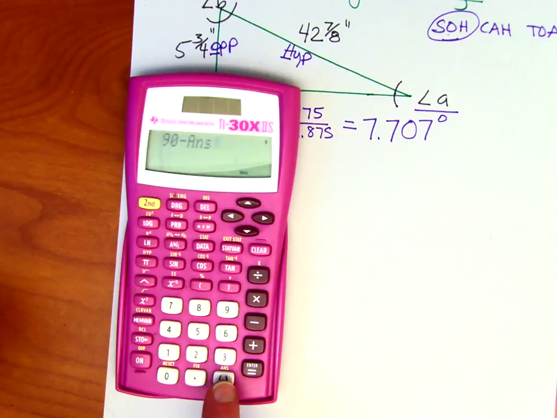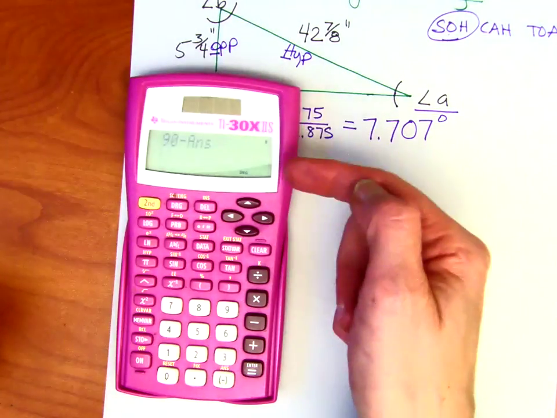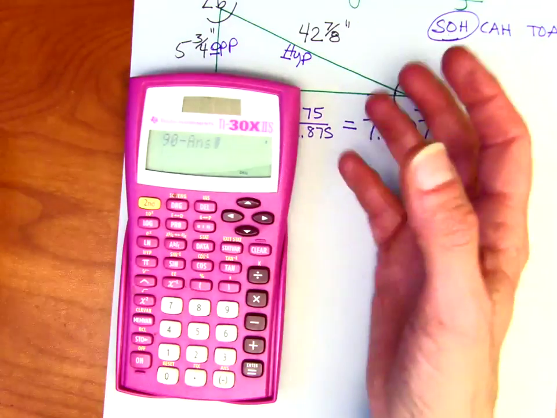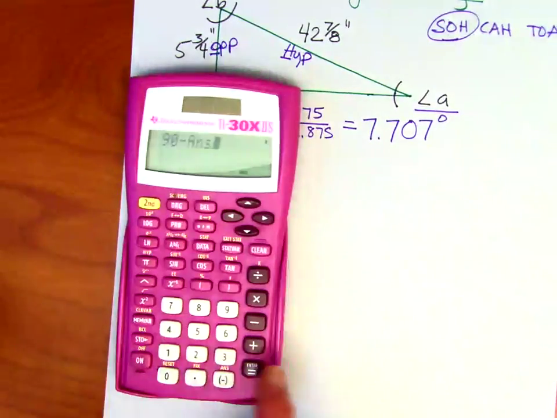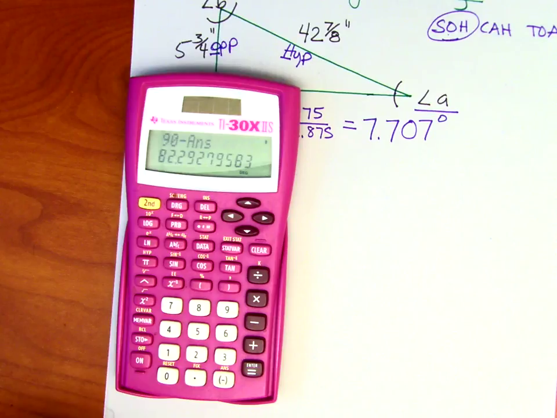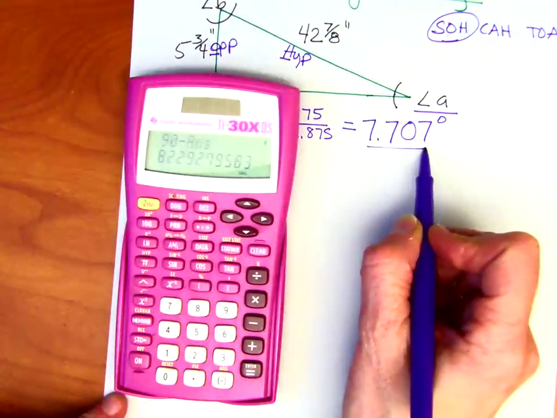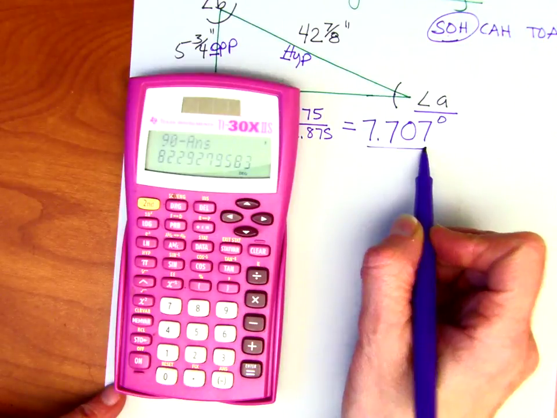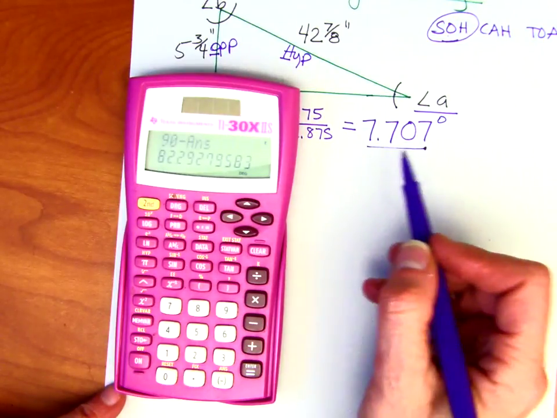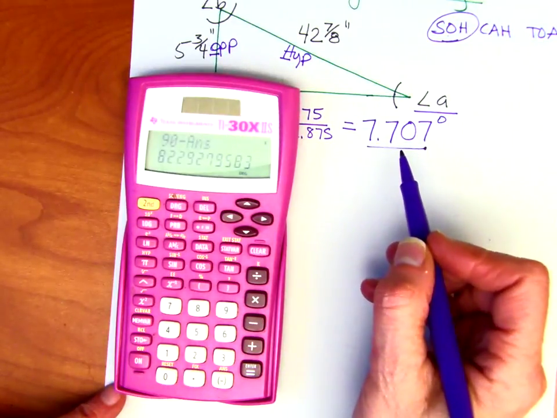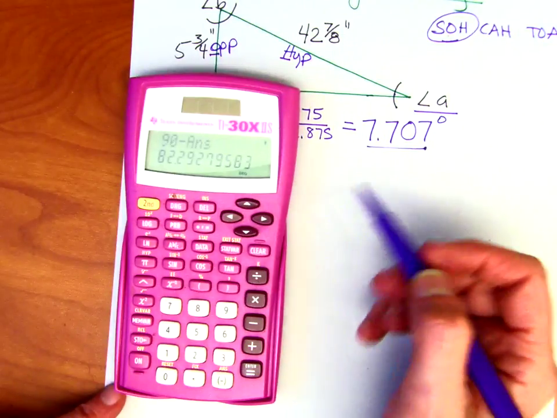So the second answer, or the answer that was previously on the screen, the calculator is now bringing that up, and then we're going to hit enter. What we've done here is we've taken this amount and subtracted it from 90, without even having to punch this number in because the calculator brought it back up.